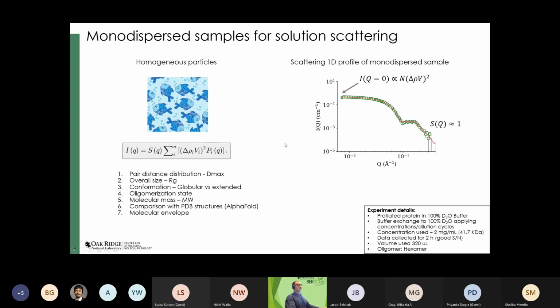So in terms of what we saw yesterday in my talk on sample preparation, the desired sample that we want is a monodisperse sample, so that we can extract all the information that we can get from solution scattering experiments.